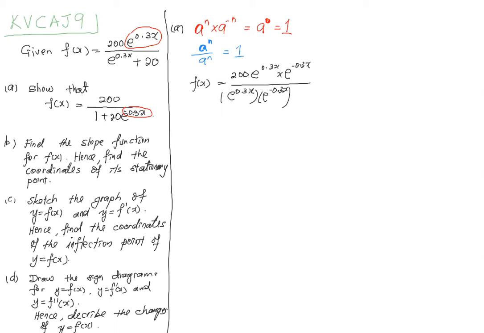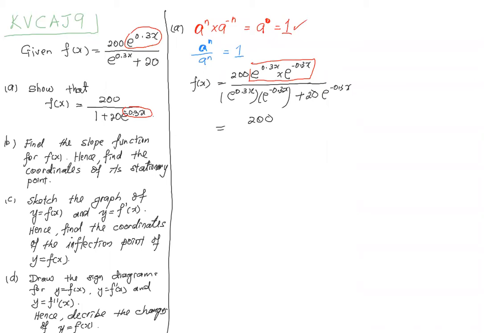Okay, then plus 20 times e to the power negative 0.3x. And you know that this one becomes 1. Here is 1. So bear in mind, this is 1 from this concept.